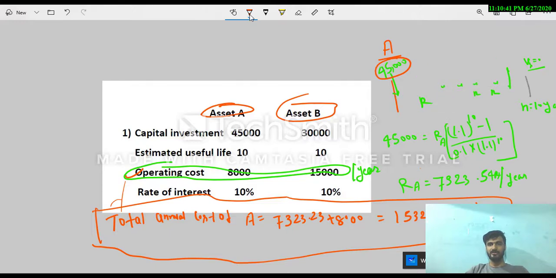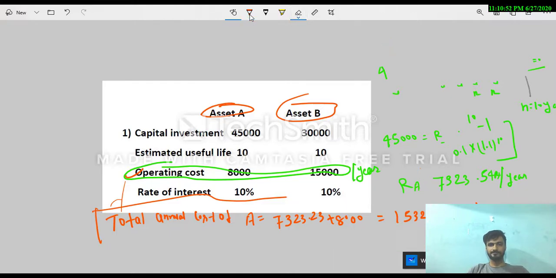I am just going to calculate for asset B. The same cash flow diagram you have to draw here, and according to the same cash flow diagram we will be calculating. Just try to understand it for asset B.